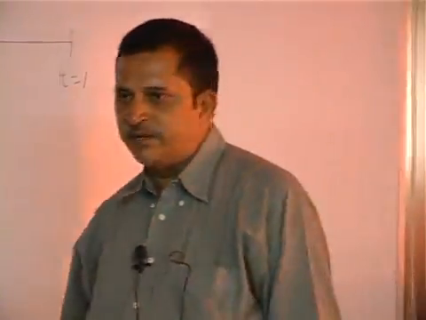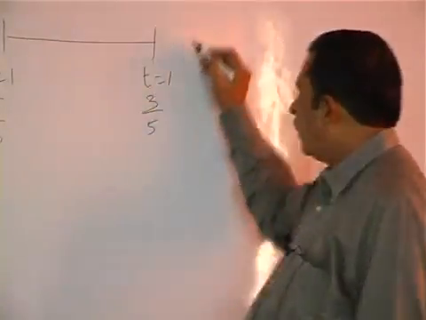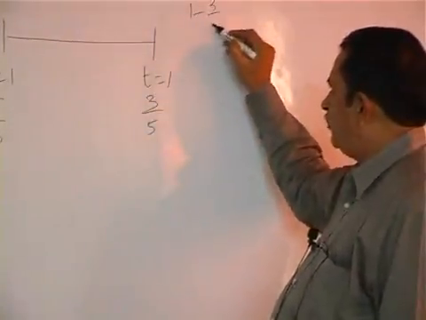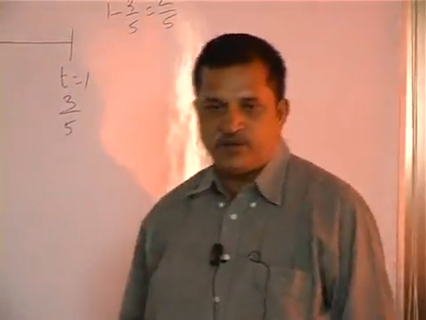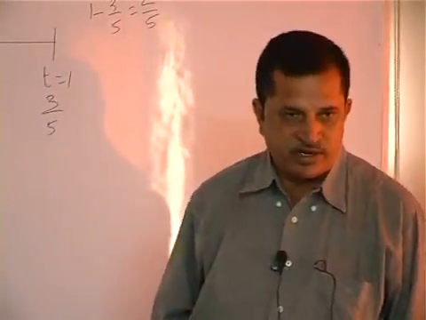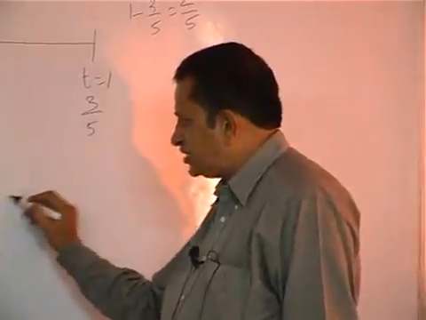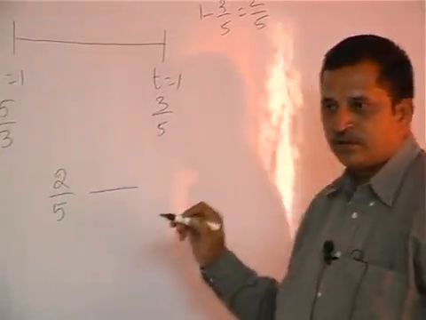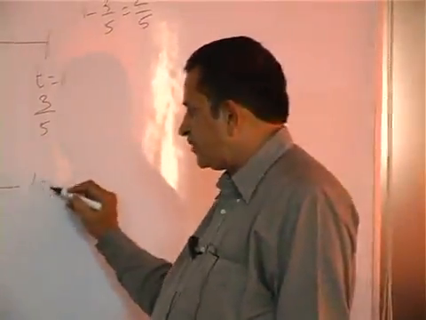Speed is increased means in what time he will reach? 3 by 5. 1 minus 3 by 5 means that man is saving 2 by 5 units. He is coming early by 2 by 5 units. This 2 by 5 units is equal to how many minutes? 10 minutes.